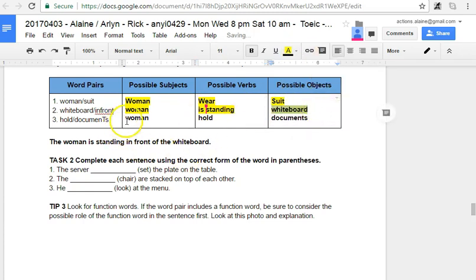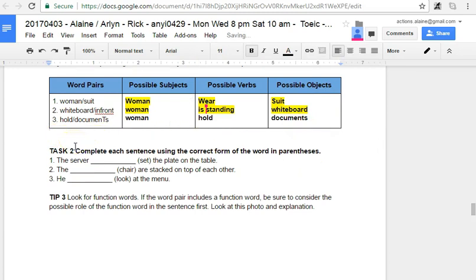Now, for number 3, could you tell me what is your English construction for this one? What is your English sentence for number 3?